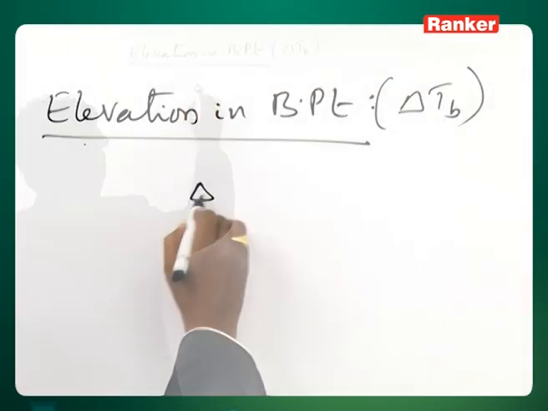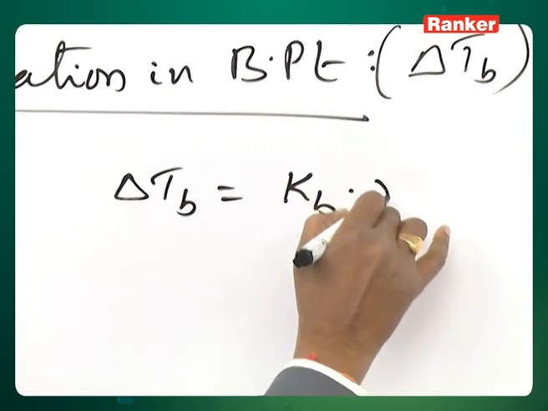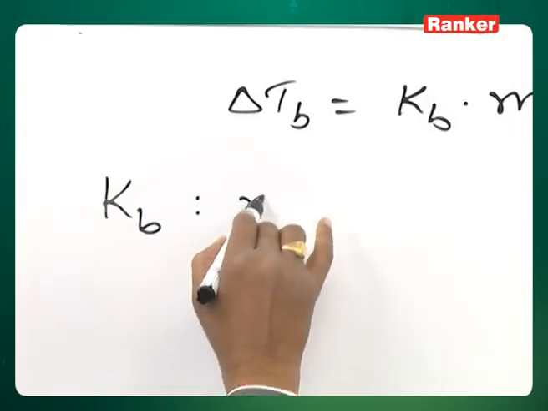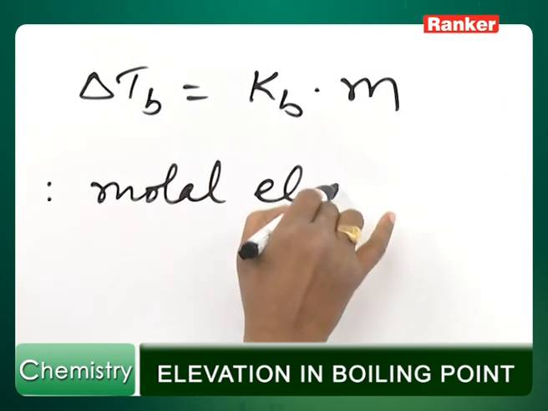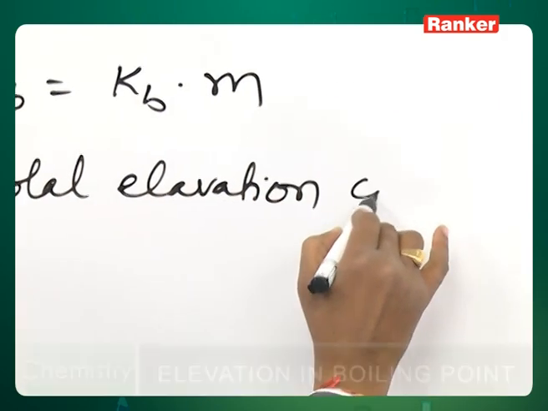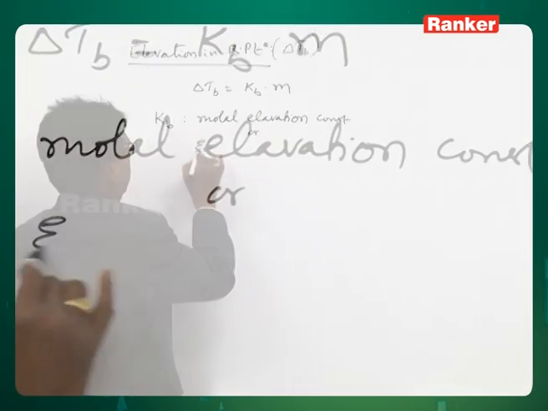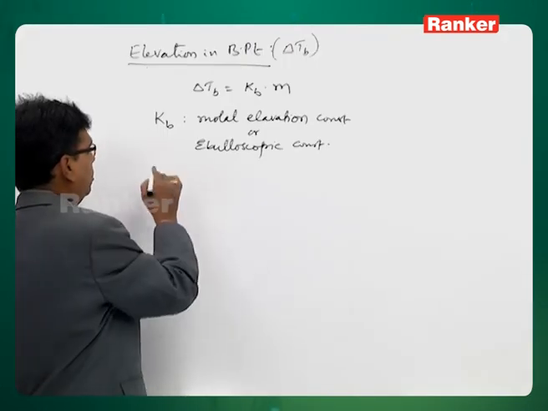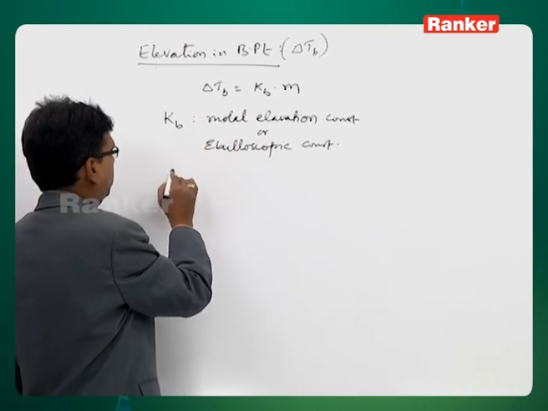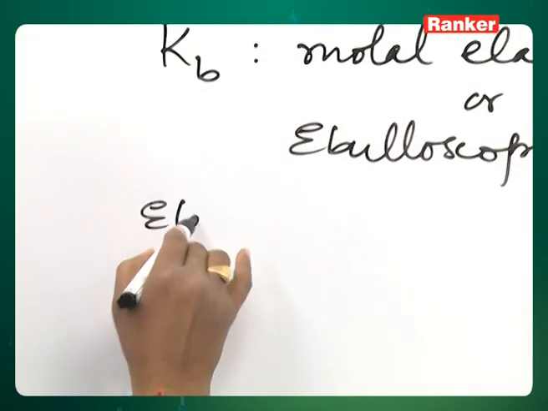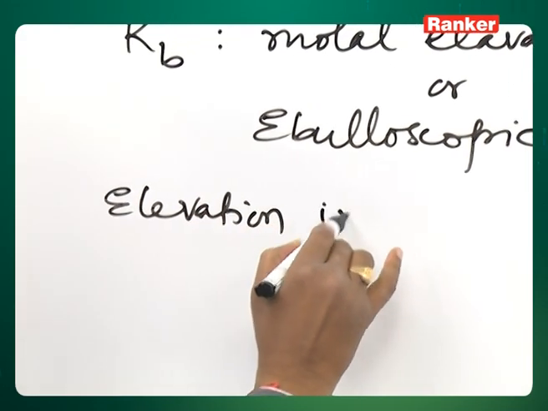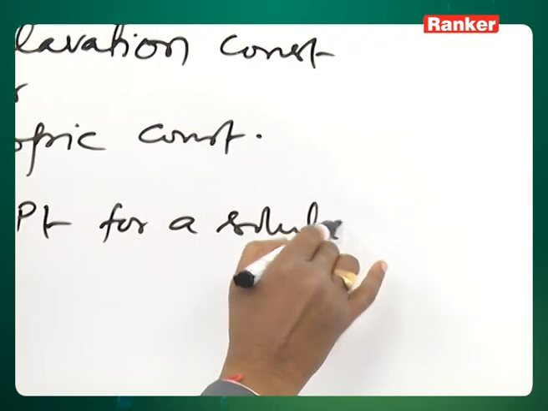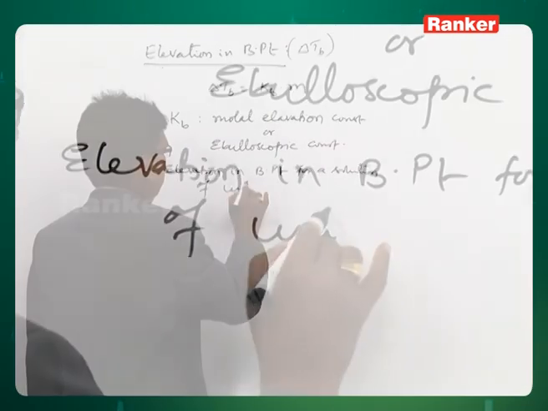Now, delta Tb is equal to Kb into molality is what we wrote, where Kb is what we are calling the molal elevation constant, or it is also called ebullioscopic constant, which can be defined as the elevation in boiling point for a solution of unit molal.